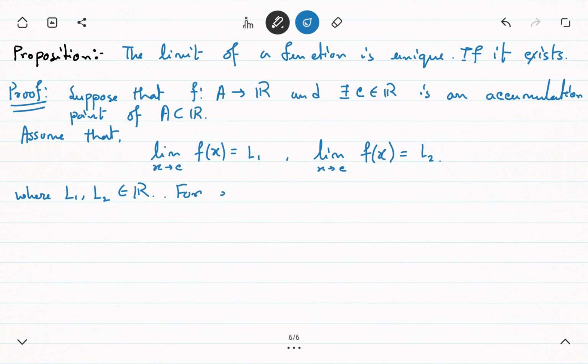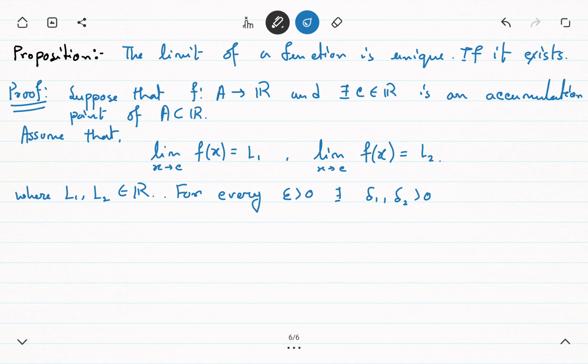So for every epsilon positive there exist delta 1 and delta 2, which are positive.